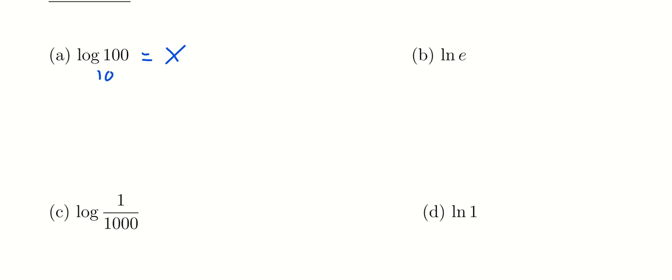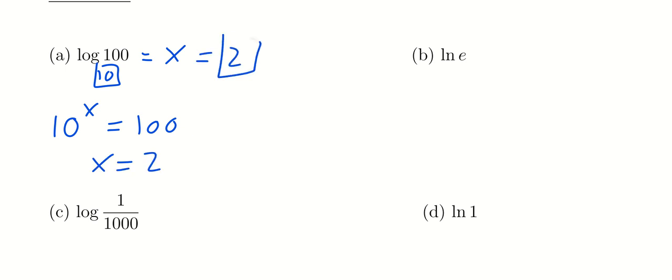So log of 100 means log base 10 of 100 equals x. We can now rewrite it as an exponential statement. The base to the exponent equals the value. And then just from basic multiplication tables, we know 10 times 10, or 10 squared, equals 100. Therefore, log of 100 equals 2.